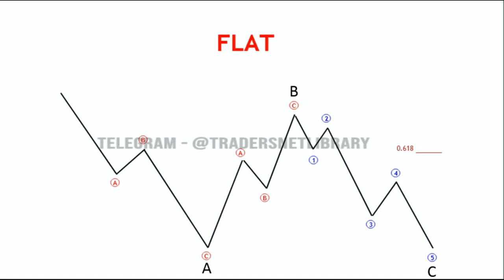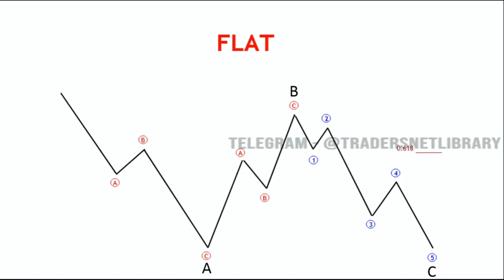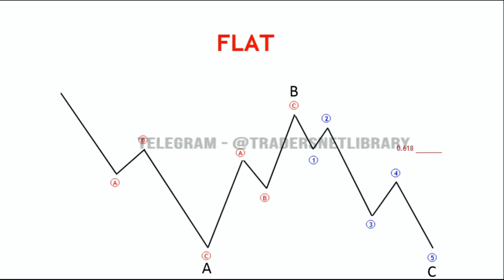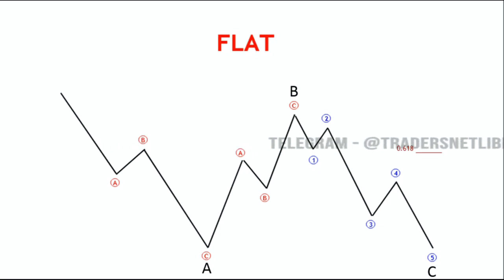Wave B can be a zigzag or flat correction, or in the form of a triangle. In other words, if wave B is of the zigzag type, it has a structure of 5-3-5, and in this case, wave B has a 3-wave structure.